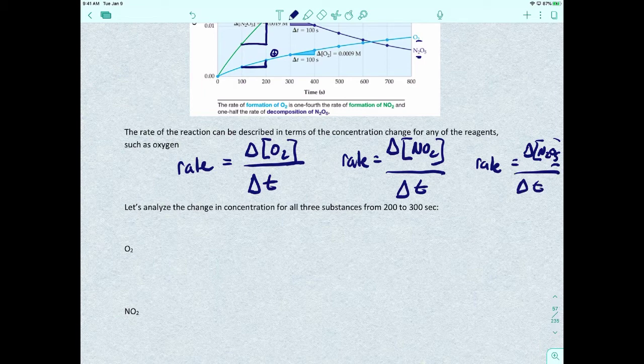Now, as we saw, the concentration rate would be a positive value for O2. It's going to be a positive value for NO2, and it's actually going to be a negative value for N2O5. All right, so what we're going to do now, let's analyze the change in concentration for all three of these substances from 200 to 300 seconds.